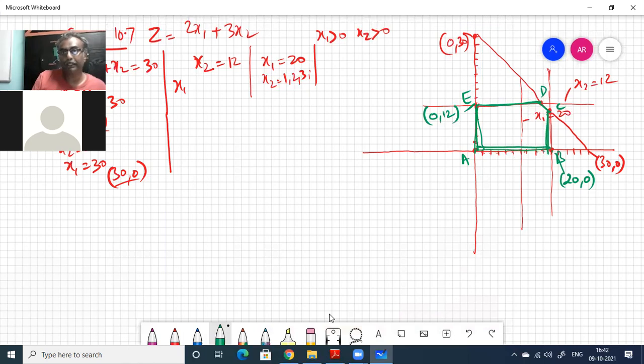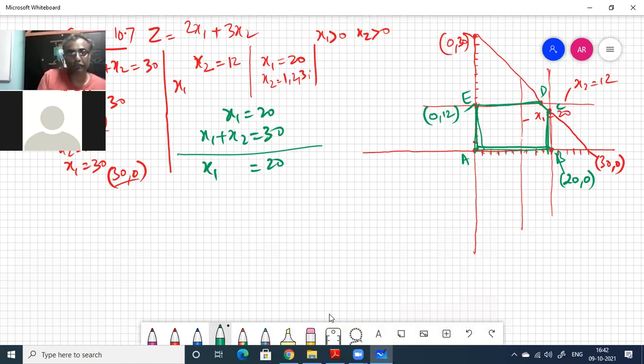How to find C and D? You have to find the intersection of x1 equal to 20 with x1 plus x2 is equal to 30. Okay, x1 equal to 20.